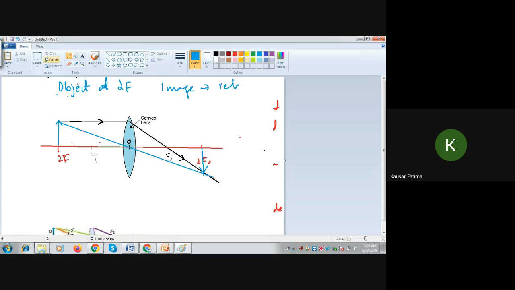If you place paper as a screen here on this side, that image will appear. Real, inverted, same size as that of the object. These are the characteristics. So if the object is at 2F, the image forms at 2F on the other side.